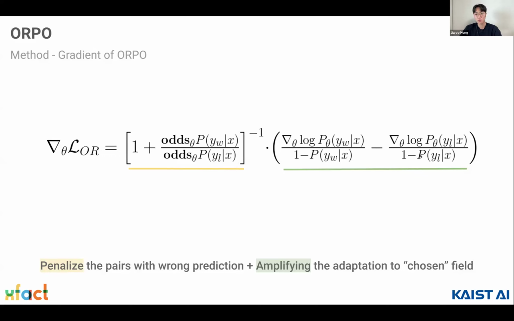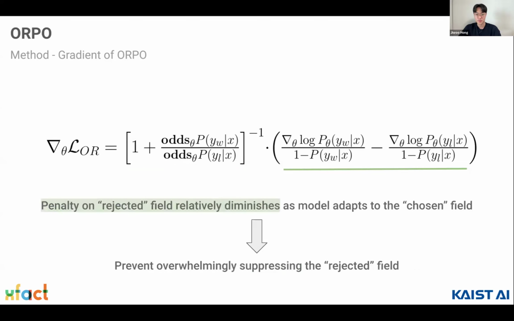So by having the 1 minus p, it amplifies the gradients in a dynamic manner according to the log probabilities actually assigned to each response part. So this is actually a desired thing, and a really interesting thing for training the language model.